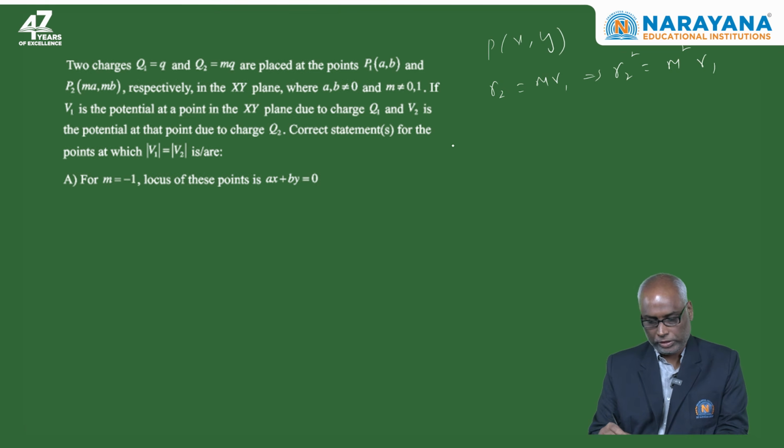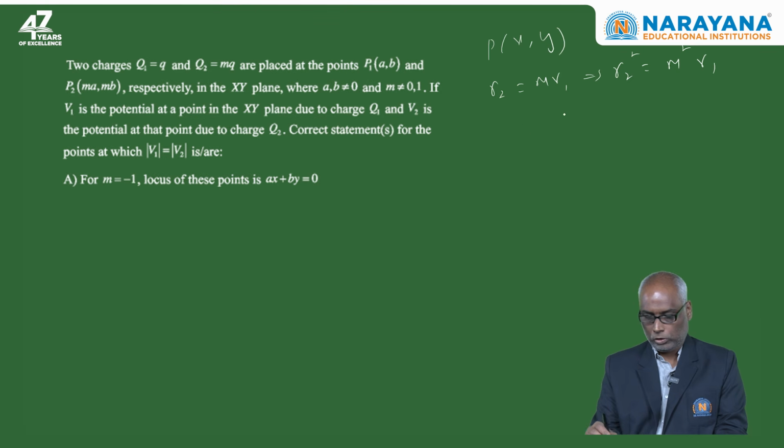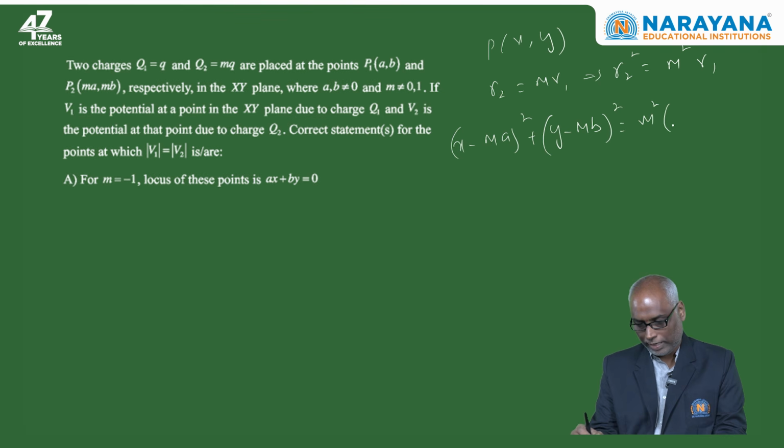R2 is nothing but the distance of the point P(x, y) from (ma, mb). So R2 square can be written as (x minus ma) whole square plus (y minus mb) whole square, which is equal to m square into R1 square, where R1 square is (x minus a) whole square plus (y minus b) whole square.